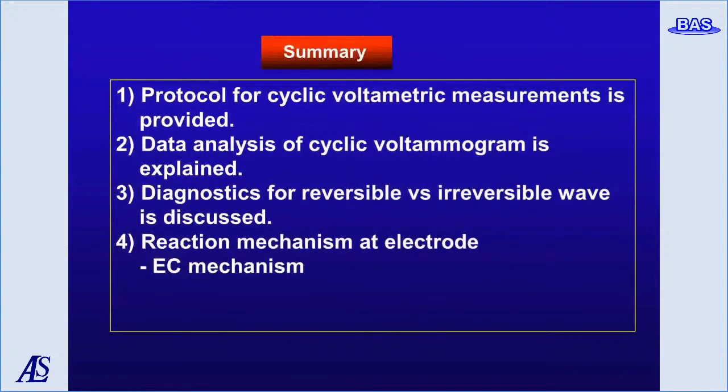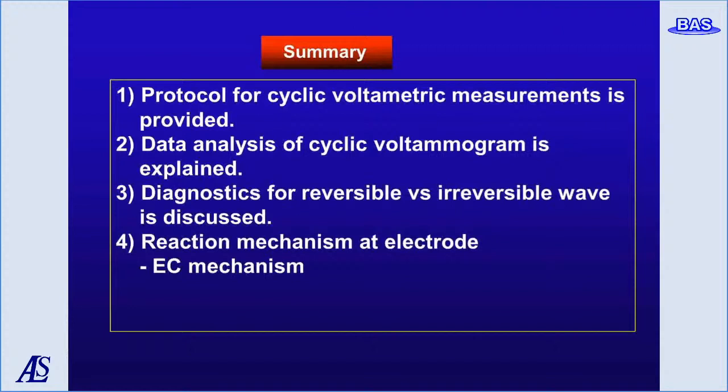Today, I talked about the protocol of cyclic voltammetric measurements and showed you how to analyze CV data. From the CV data, diagnostics of reversible or irreversible waves were discussed. There are many reaction mechanisms at the electrode, which provide different voltammogram shapes.